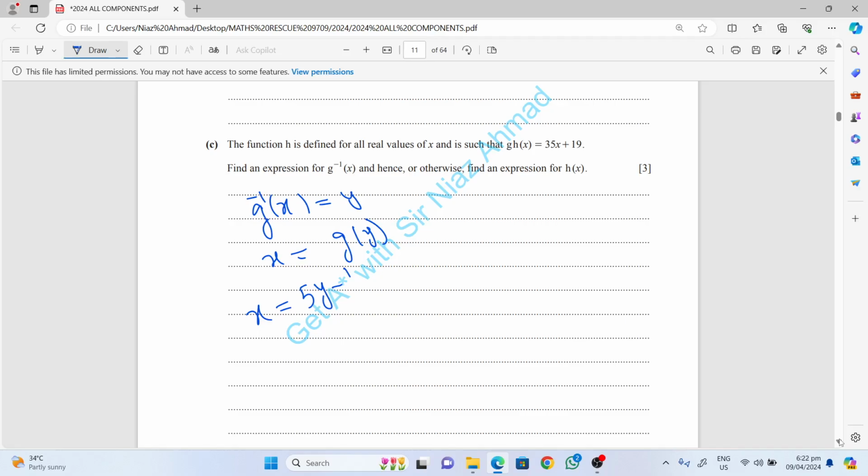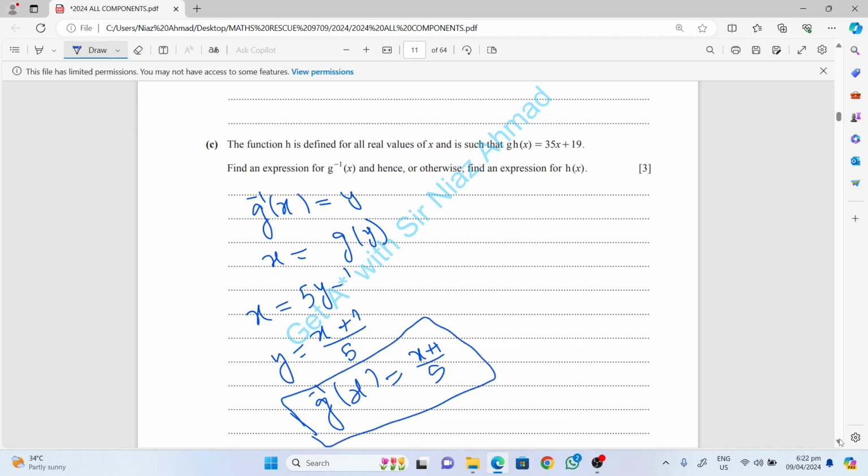Now make y the subject, so y is x plus 1 divided by 5. If y is g inverse of x, then (x plus 1) over 5 is our expression for the inverse.